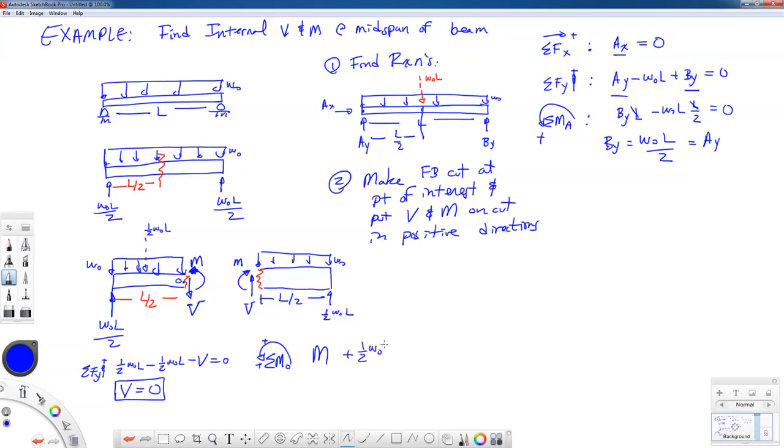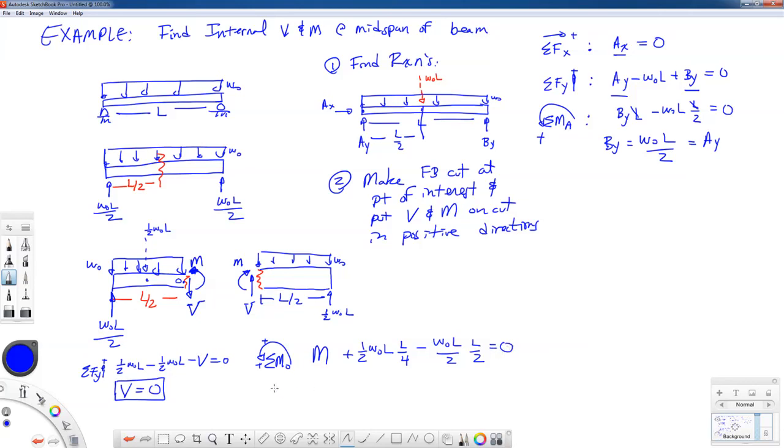So I have 1/2 W0 L, and then I have the moment arm length to get to the statically equivalent force, which is half of L over 2, which is L over 4. Acting in the negative sense of rotation for my bending moment, so I'll have a minus. I have the force reaction W0 L over 2 times its distance, which is L over 2 from point O, equal to 0 for equilibrium.